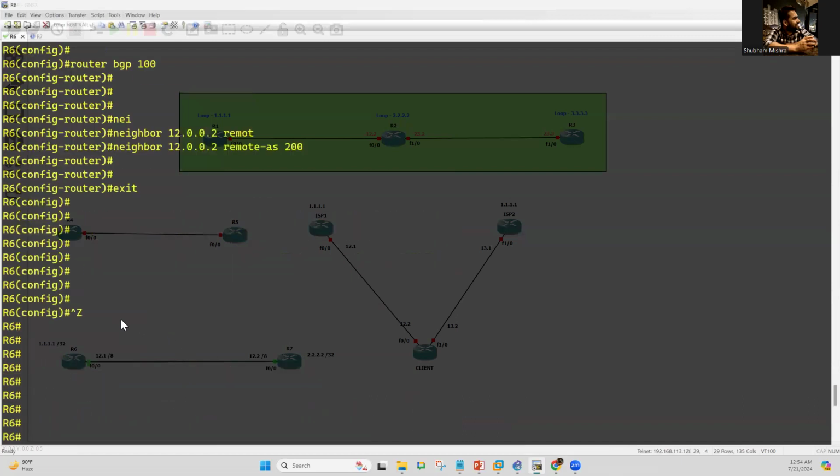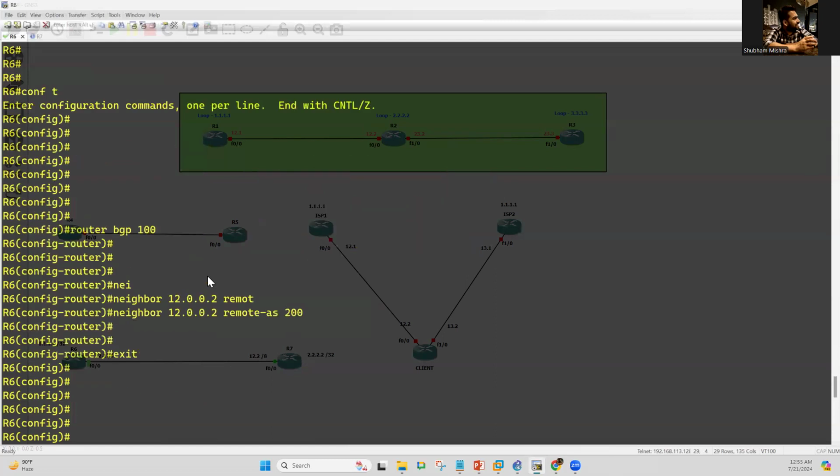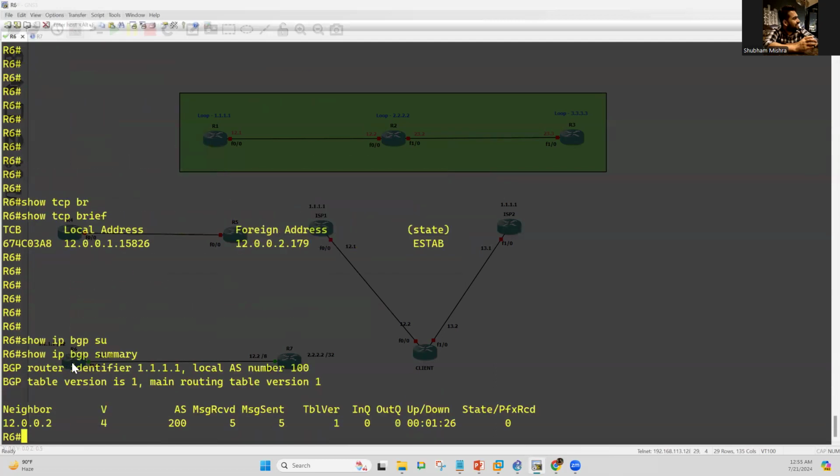Because on R6 we already configured an interface, 12.0.0.1, and a loopback, 1.1.1.1. So what is the election criteria for the router ID? First of all, the router will check whether the router ID is manually configured or not. I did not configure it manually here. If it is not manually configured, then the router will check the highest loopback. On this router, there is only one loopback, 1.1.1.1. So that's the reason the router selects the router ID 1.1.1.1. Getting my point, everyone?